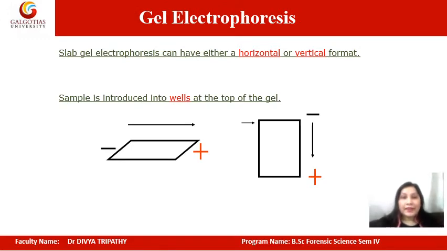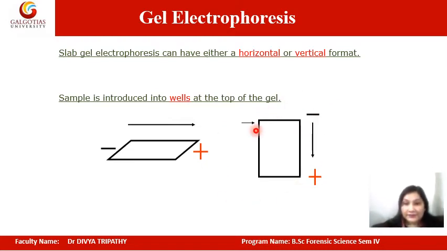This gel electrophoresis may be either of horizontal type or of vertical type. What is the difference between horizontal and vertical gel electrophoresis? You can see here in horizontal gel electrophoresis, the movement of molecules is from left hand side to right hand side, right? And in vertical gel electrophoresis, the movement is from top to bottom.